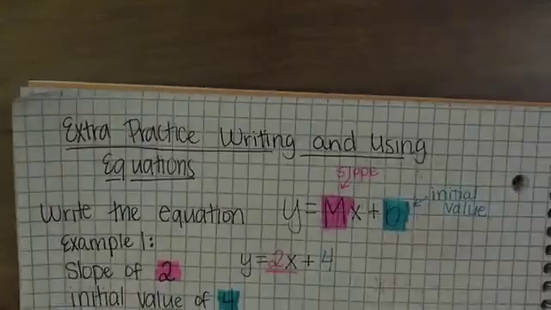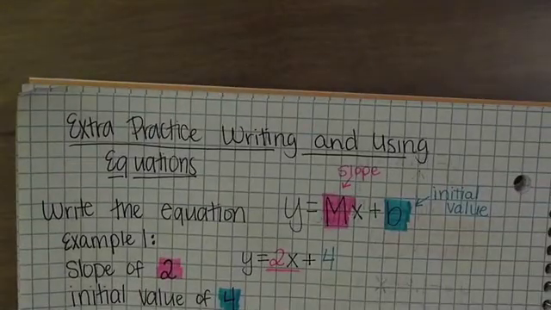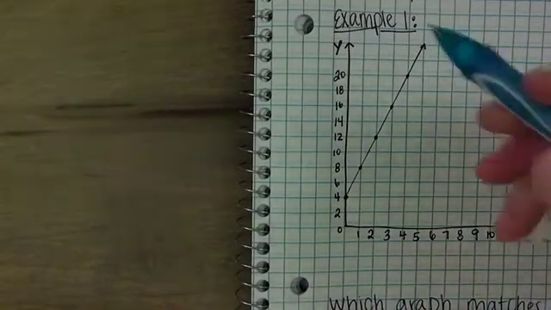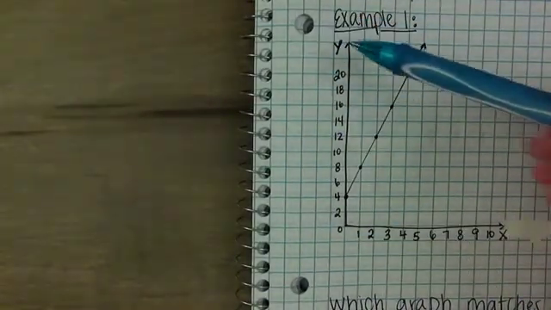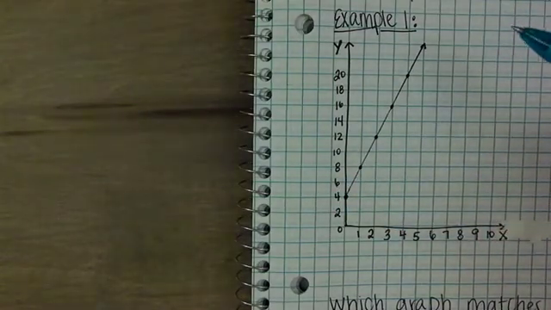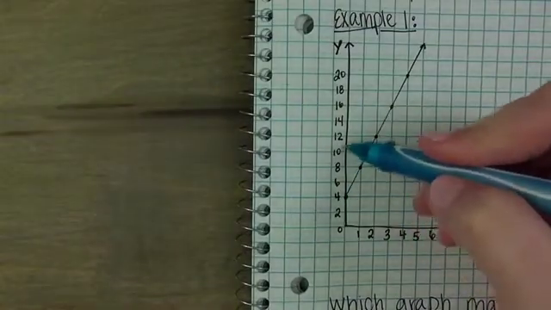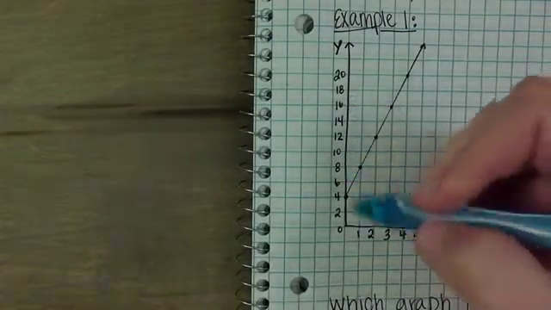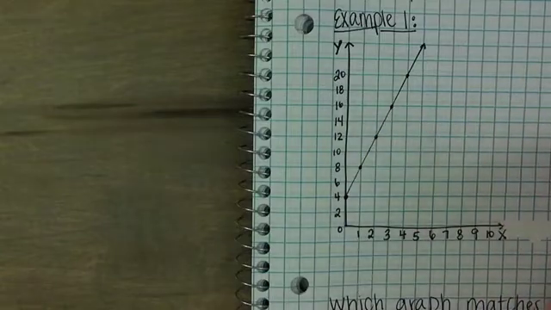Okay, so now these next ones are going to be using graphs. So you will probably want to sketch this graph. If you're not using graph paper, just draw the x and y axis and do the best you can. Maybe every line going up on your notebook paper would be the same as mine.